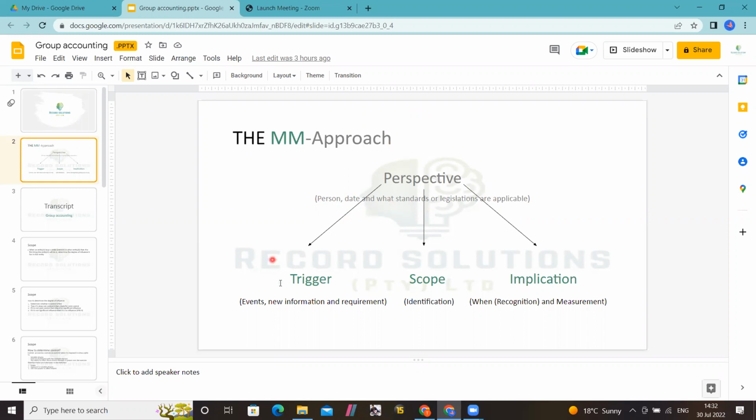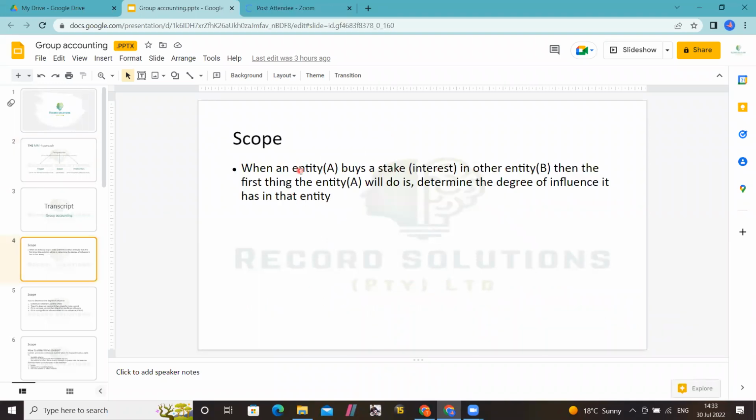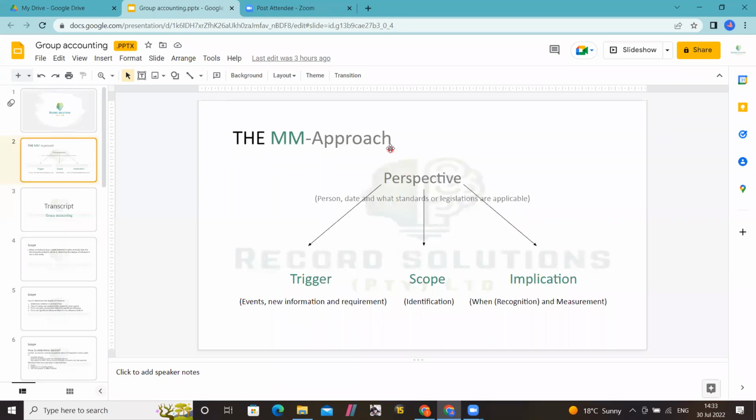And then the trigger. The trigger for group statements, like I said, is when an entity buys a stake in another entity. So when you see an entity buying a stake in another entity, a stake is a share, or maybe buying the entity's assets and liabilities.